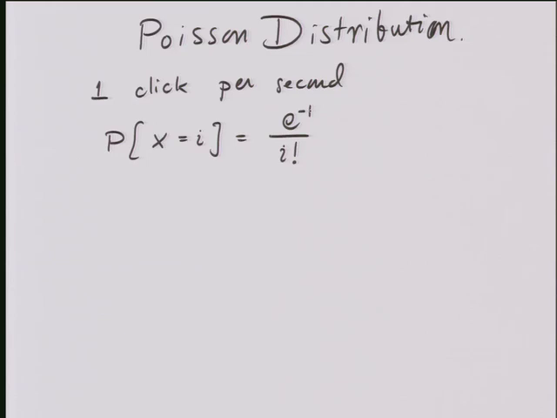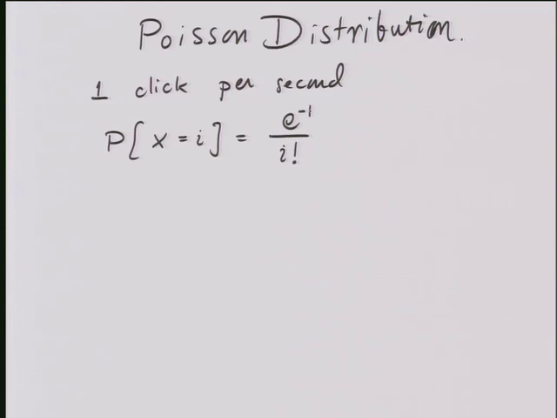Why did we put in e to the minus 1? Well, it's a probability distribution, so the sum of these probabilities should be 1 over all i. If you add 1 over i factorial, it adds up to e. It's a Taylor expansion of the constant e, Euler's constant, some constant like 2.7.